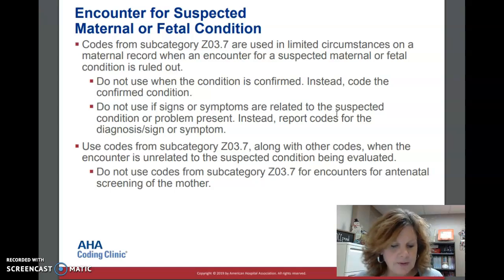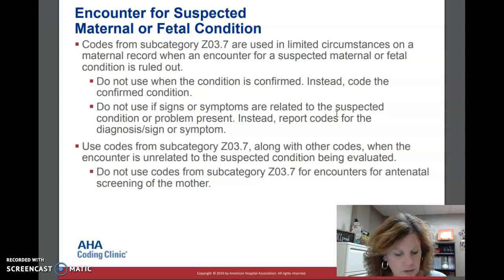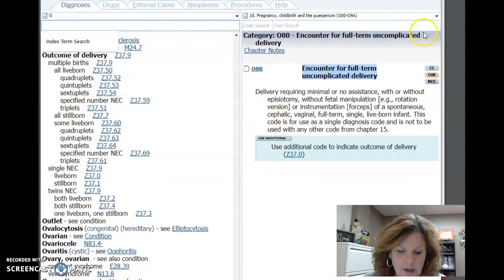All right, let's go through number 3 in exercise 23.4. So let me pull up my code book. We have an intrauterine pregnancy, 39 weeks.